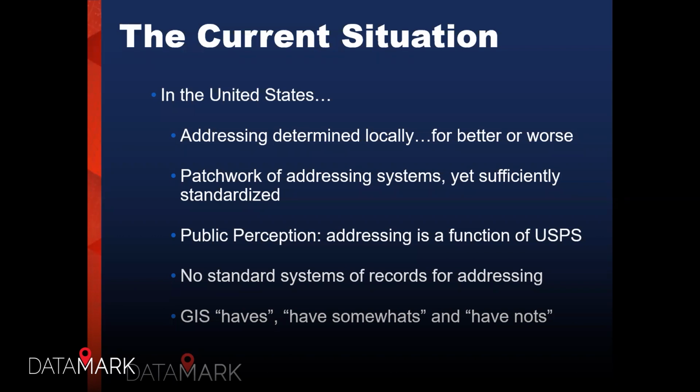Then there's the public perception, as we discussed earlier, that addressing is a function of USPS. They think their zip code is actually a part of their address. Their zip code is important for USPS purposes, and it's become very useful for tracking the location for other purposes as well, but addressing is a function of the local government.